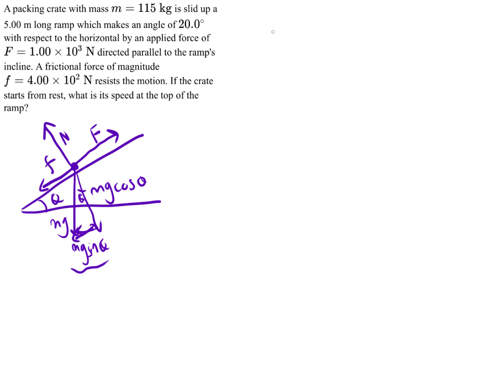Now we can use Newton's second law, which says that the summation of all the forces, or the net force, is equal to the mass times the acceleration of the crate. So let's figure out what the net force is. In the direction parallel to the ramp going up, we have the applied force.